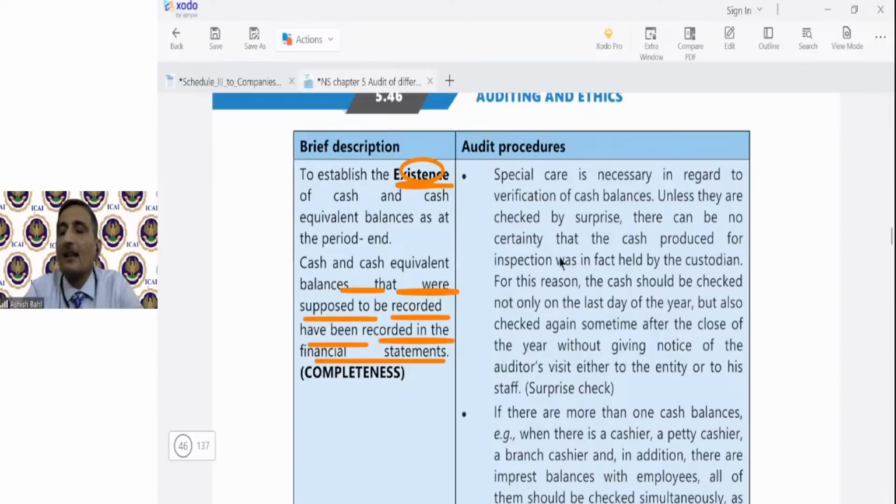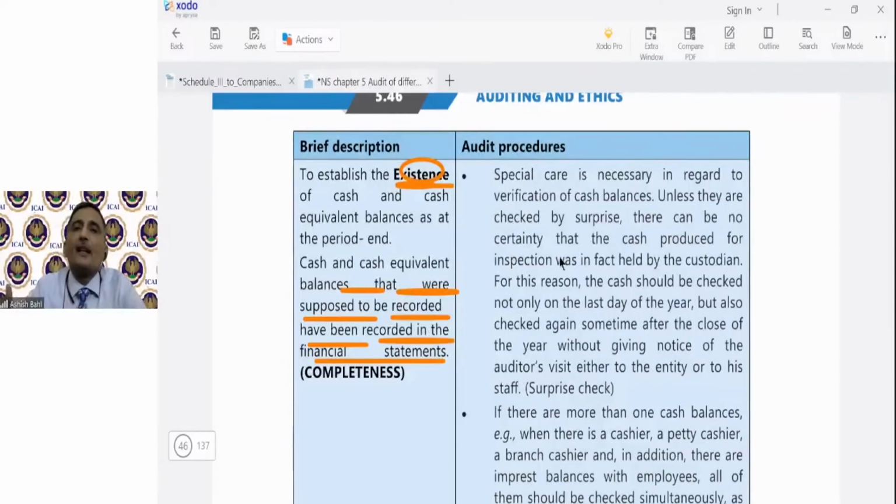It means completeness, that all the items which should have been recorded under this head have been recorded. So these are two important assertions relating to existence and completeness.